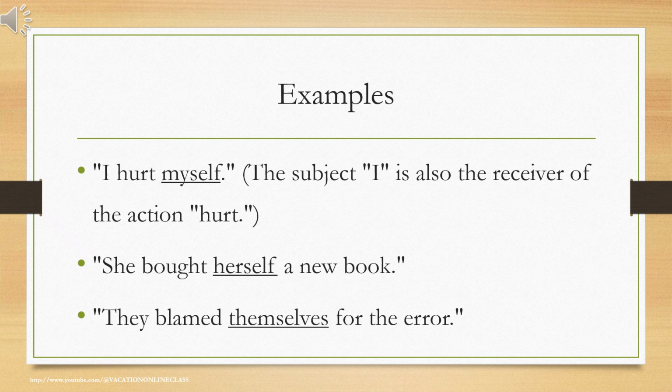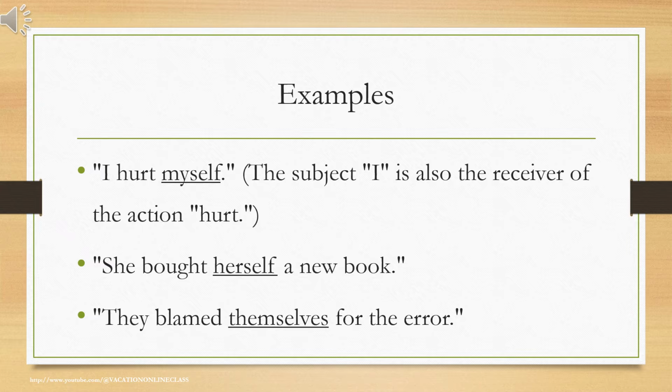Other examples. One, I hate myself. The subject I is also the receiver of the action hate. And so myself is the reflexive pronoun in the sentence, reflecting the subject I. Two, She bought herself a new book.